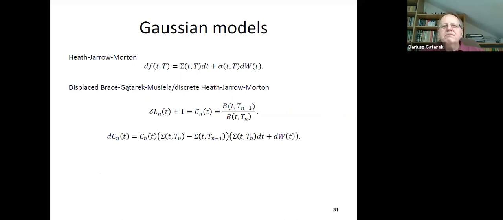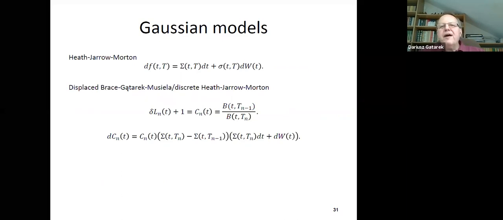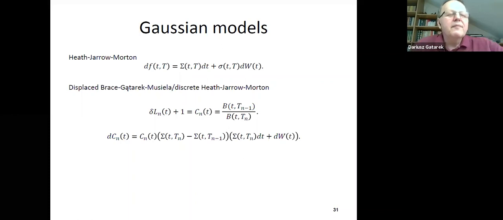So that just simplifies algebra and calculations. And of course, gives us some way to think about modeling.